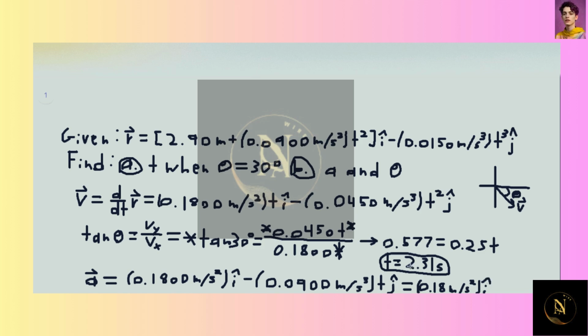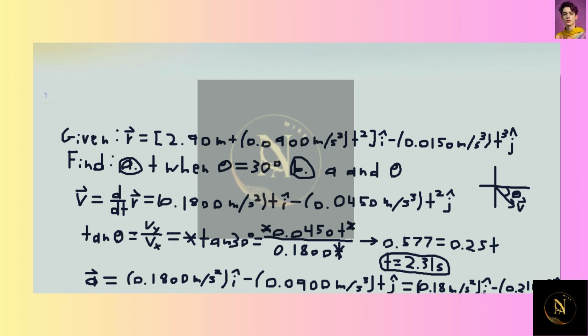And then if I plug in 2.31 seconds for the j hat part, I'm going to have a negative 0.21 meters per second squared in the j hat direction. Okay, so now I have the acceleration vector in terms of x and y components.